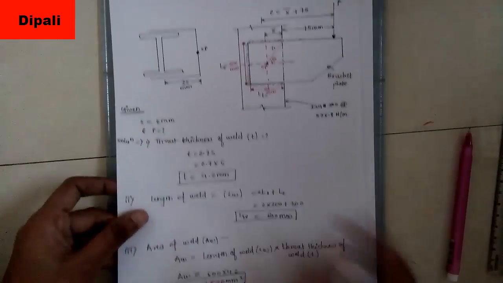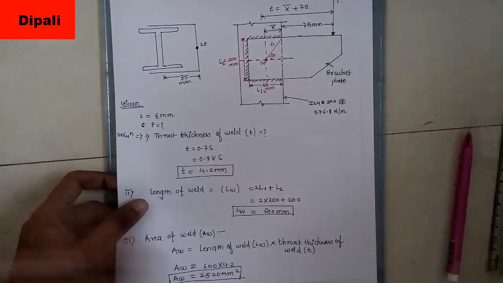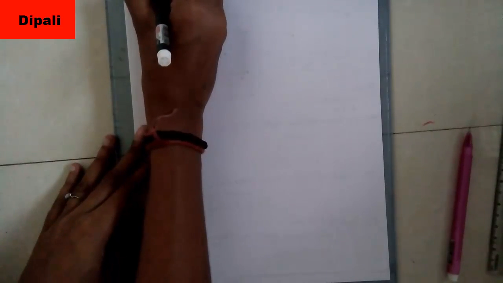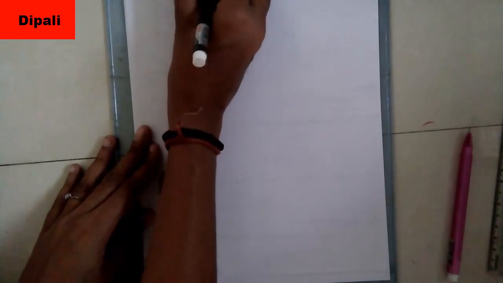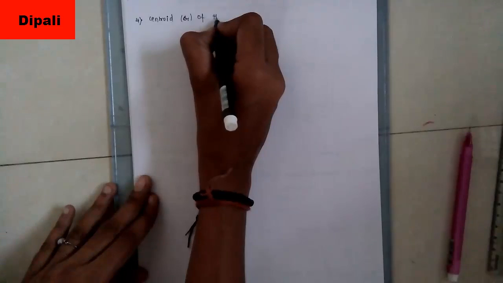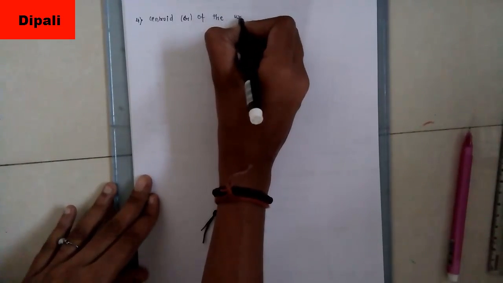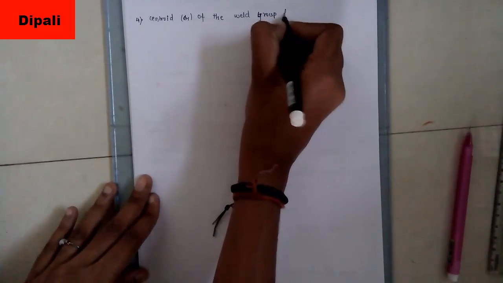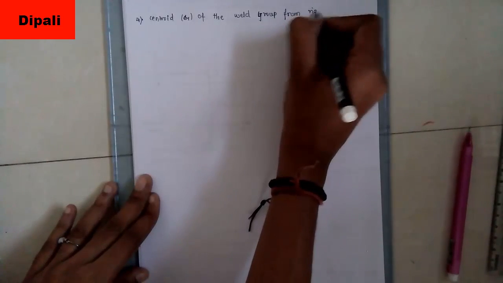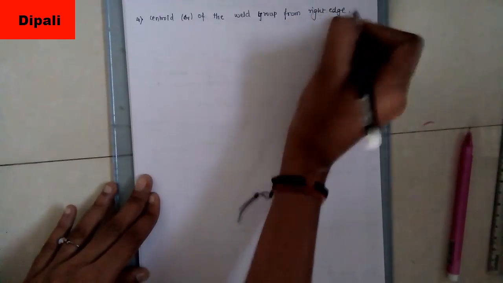We have to calculate this centroid, x bar, from the right edge.